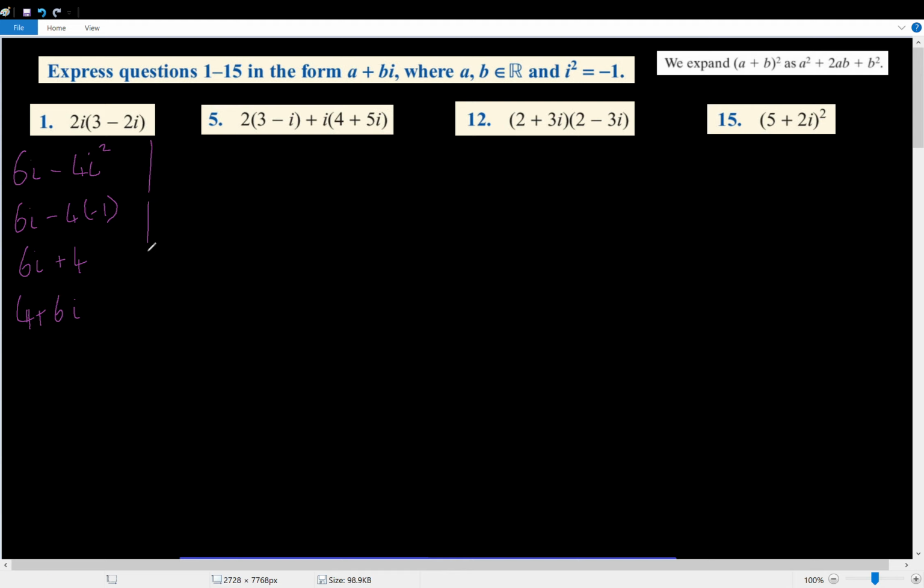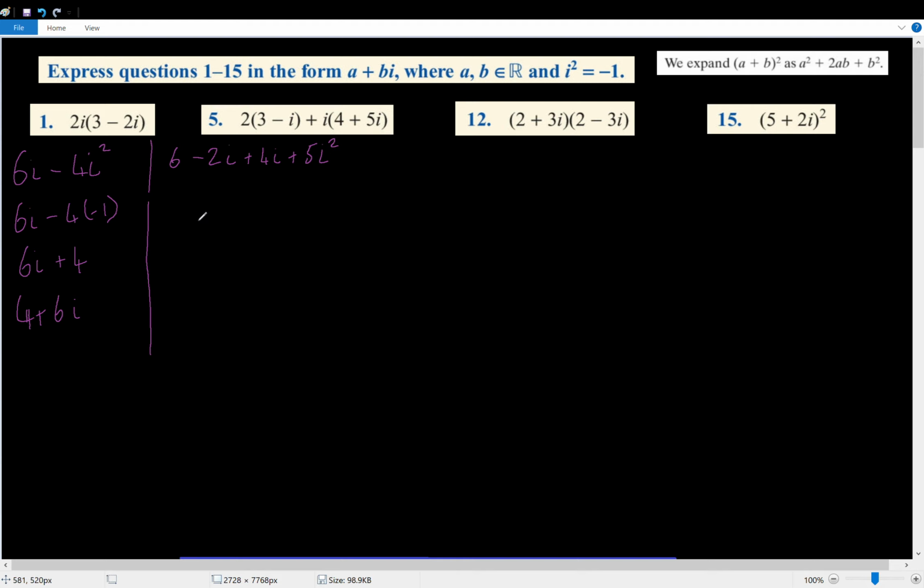In question 5, we've got 2 times 3 minus i plus i times 4 plus 5i. So let's just multiply that out. So 2 times 3 is 6. 2 times minus i is minus 2i. i times 4 is plus 4i. And i times 5i is going to be plus 5i squared, like that.